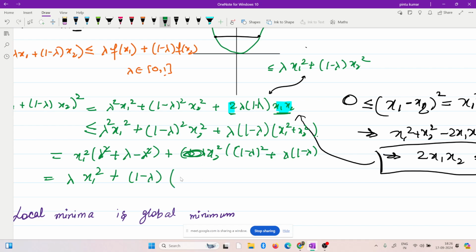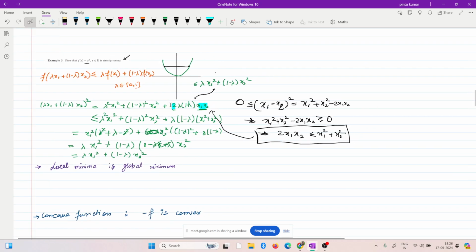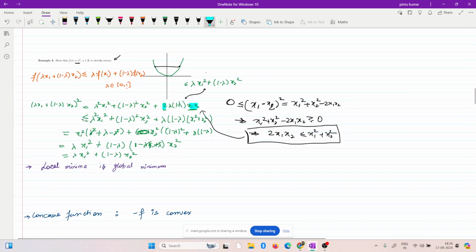Then whatever is left inside is 1 minus lambda plus lambda times x2 square. This lambda and lambda get cancelled, so you eventually get lambda x1 square plus 1 minus lambda x2 square. Because we had this less than equal to in between, we can say that this condition is satisfied for x square and hence x square is convex.